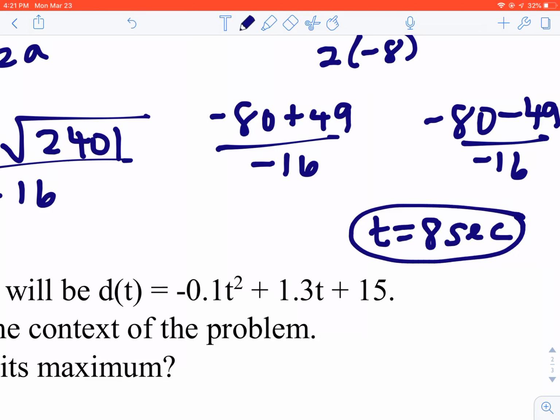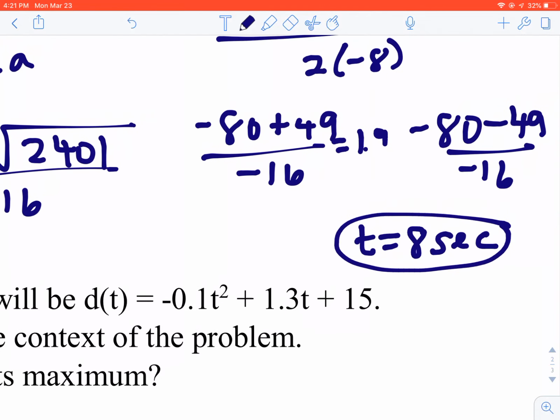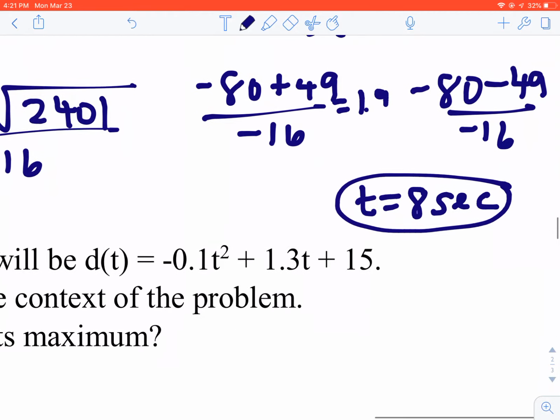That doesn't make any sense. And then this one, 80 plus 49 divided by 16, is 8 and change. 1.9 doesn't make any sense because that would be before it gets to the top. So 8 seconds is the one we're looking for.